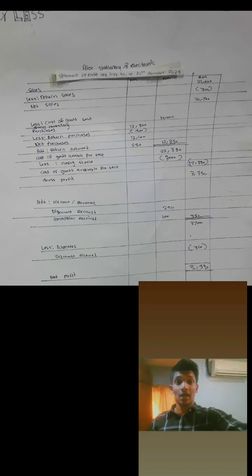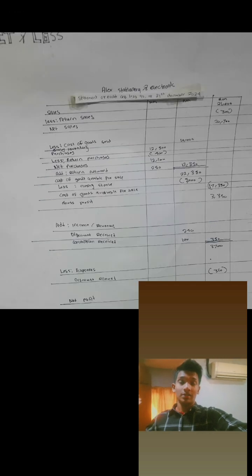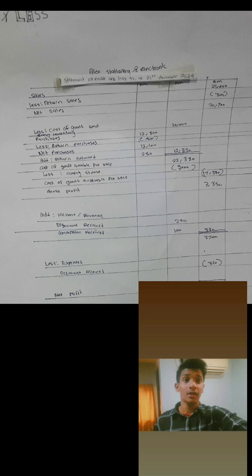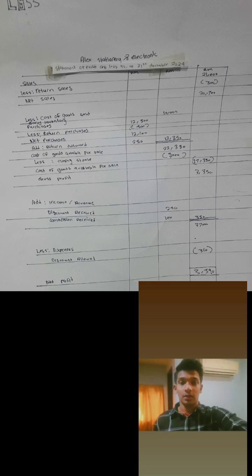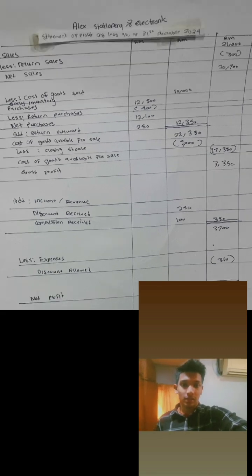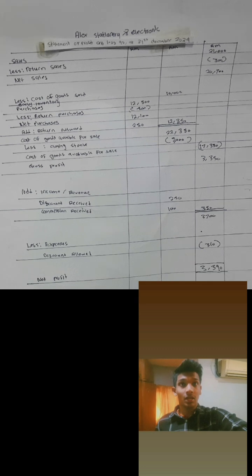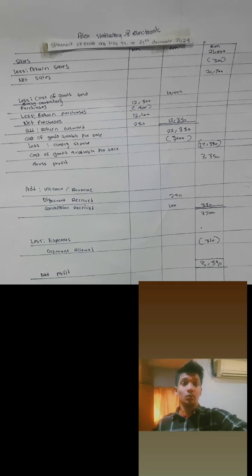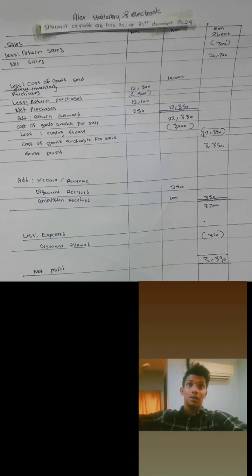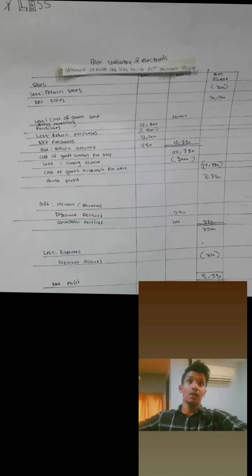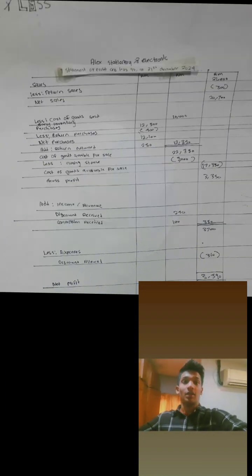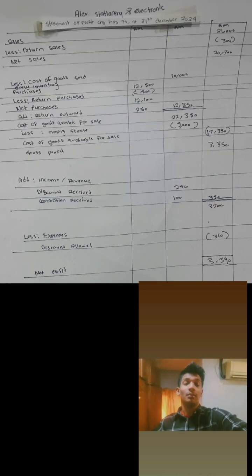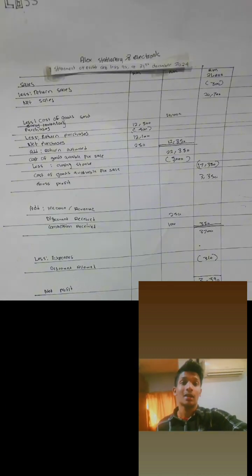From net sales we subtract COGS, which is calculated as purchases minus purchase returns, plus carriage inward, minus closing inventory, and we get the cost of goods sold. Net sales minus cost of goods sold gives gross profit. After that we add revenue and then subtract expenses, and we get net profit.